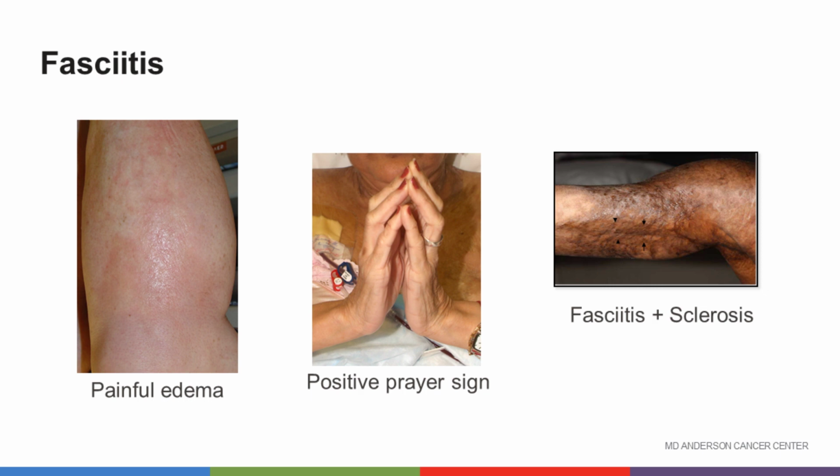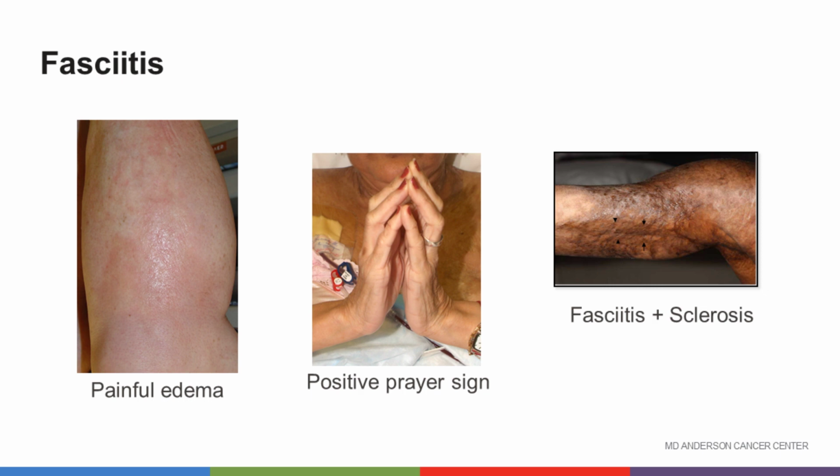The picture in the center shows someone trying to make what we call a prayer sign, just like you were praying. Put your fingers together, put your palms together, and try to extend your wrist. But she's unable to do that because she's got inflammation over the fascia. And she doesn't have any skin problems on the surface, but she's unable to put her hands together.